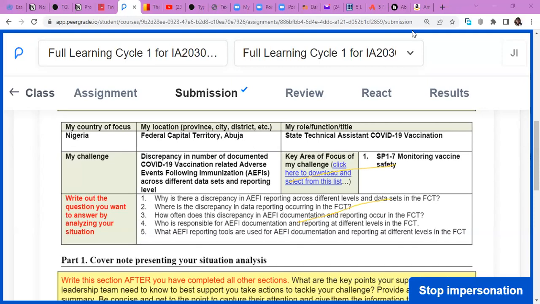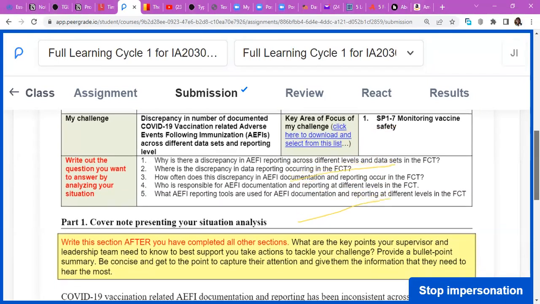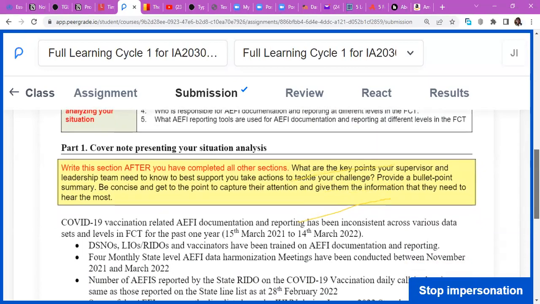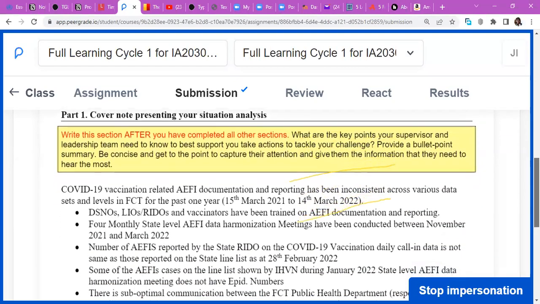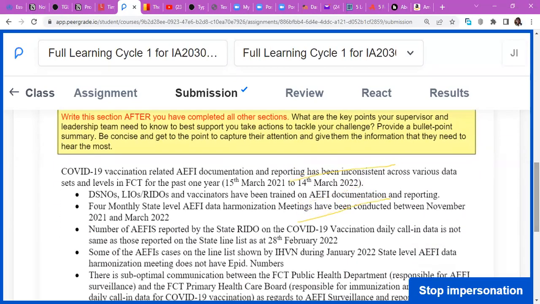Okay. Thank you, Joshua, for the comprehensive situation analysis regarding AEFI case documentation and recording. Actually, it is very important everywhere. Do you think that it is not reported by the healthcare provider because of termination? If they report such cases, they will be terminated by the authorities.